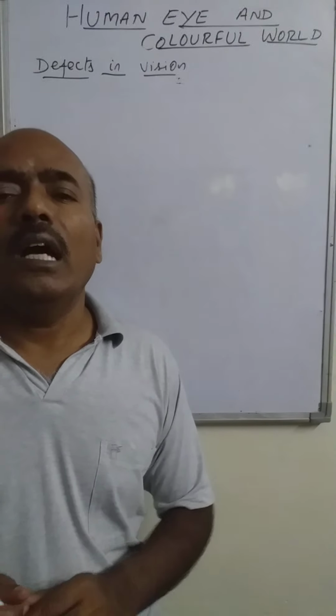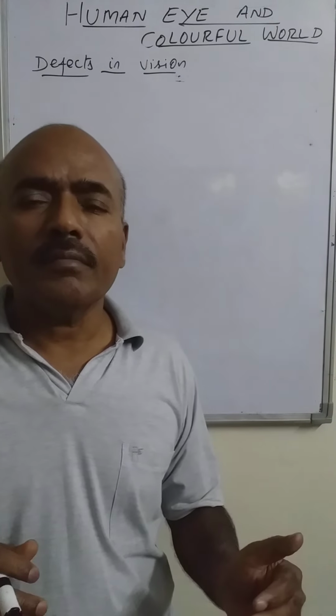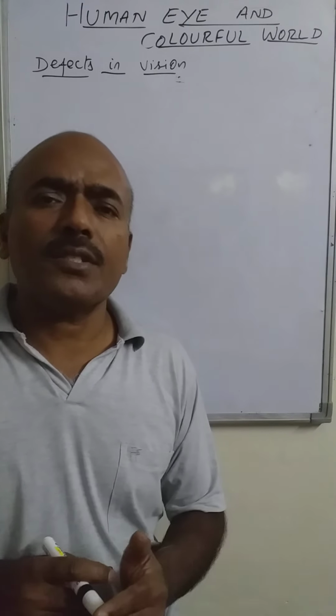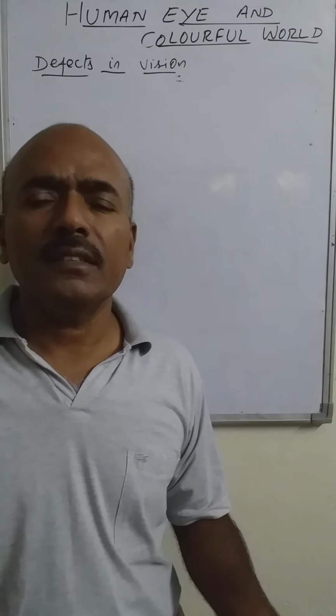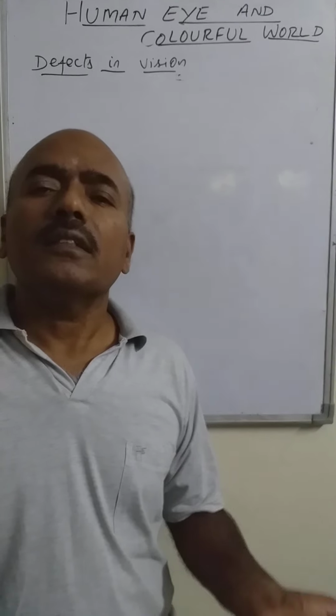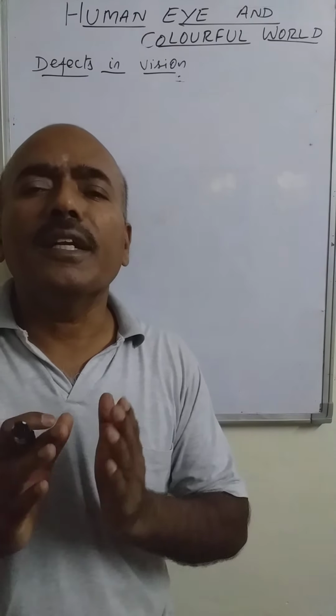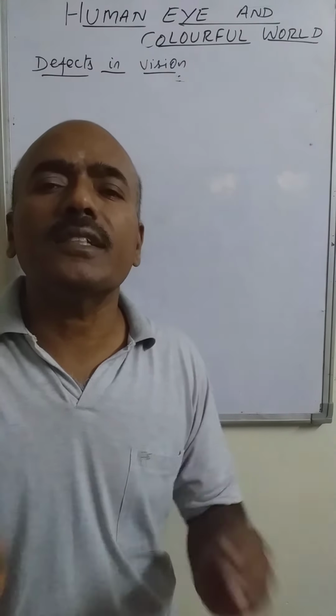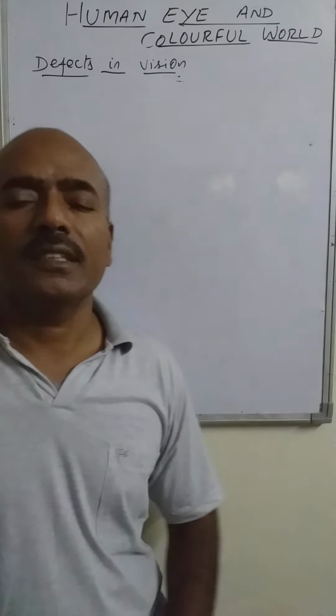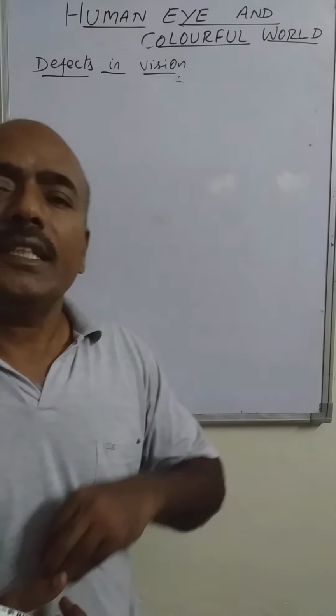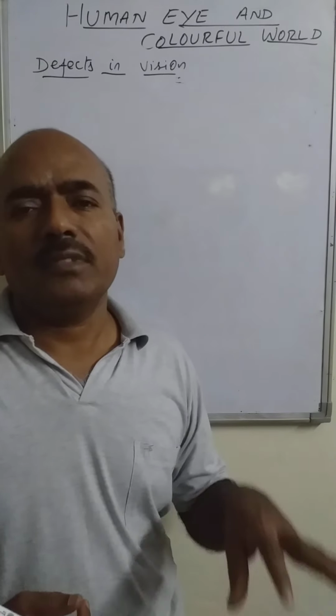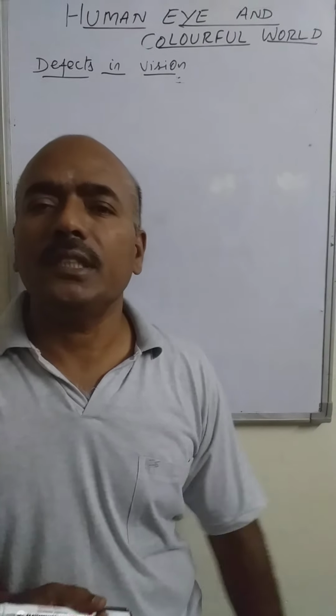But as people grow, using this lens in different manners, in some conditions the nature of the lens is disturbed or defected. Because of this, defects in vision take place due to this lens.